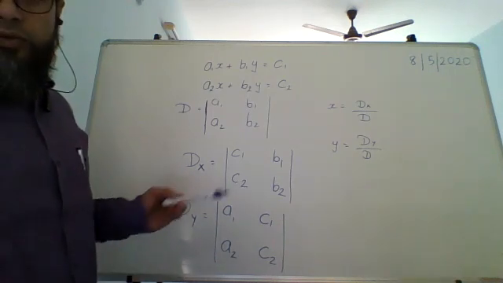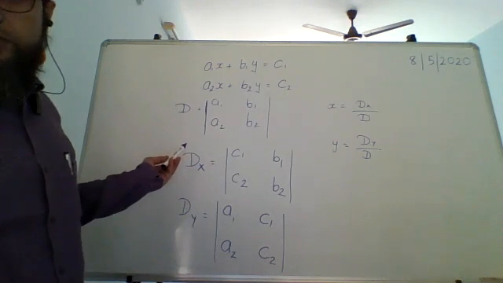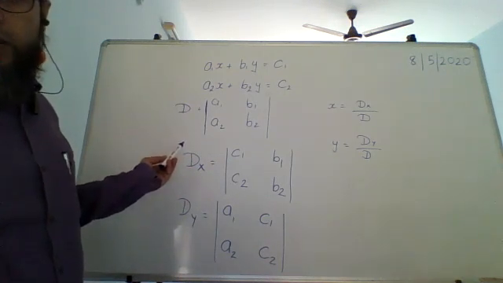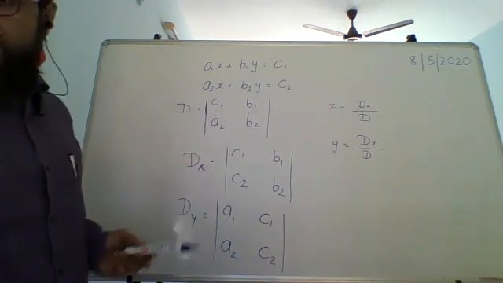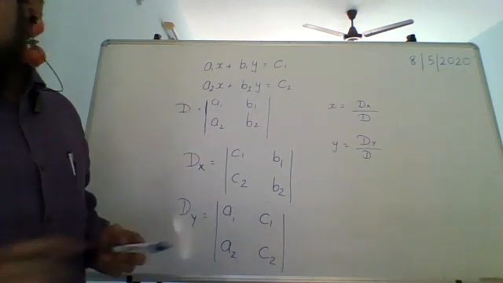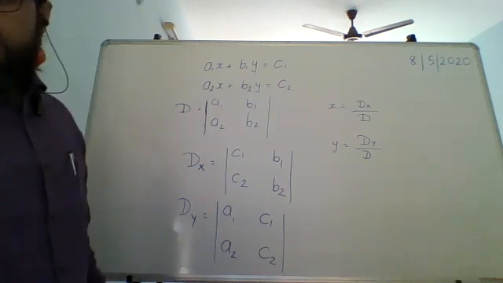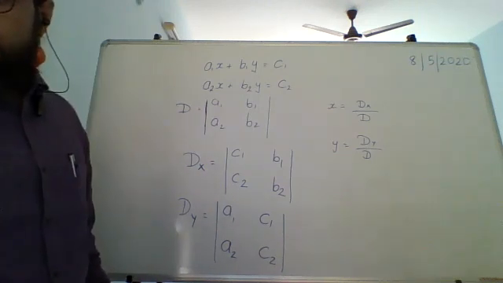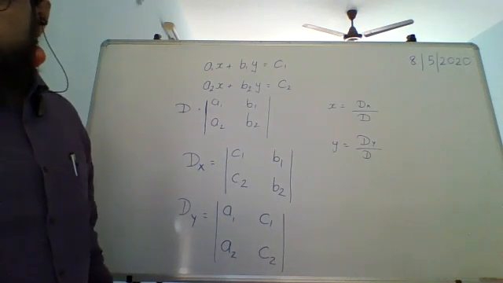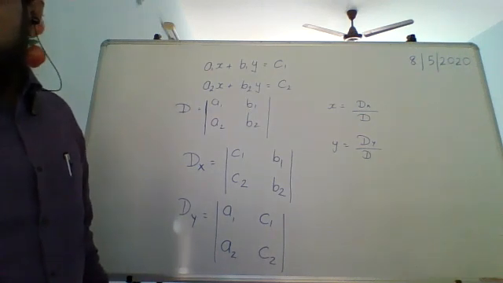Okay. First, what we will do is we'll do a few examples. But before that, the last sum that we had done, the one where the lines were intersecting. You remember that sum? Okay, I'll write that down so that we remember.